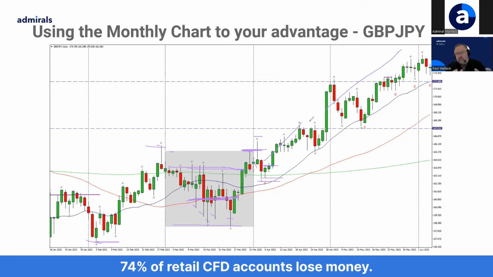That doesn't take up too much time or effort. It's just a couple of hours at the start of the month to do your overall analysis, looking for specific price action combinations, and then looking for those same combinations on a lower time frame as a way to access your trade.